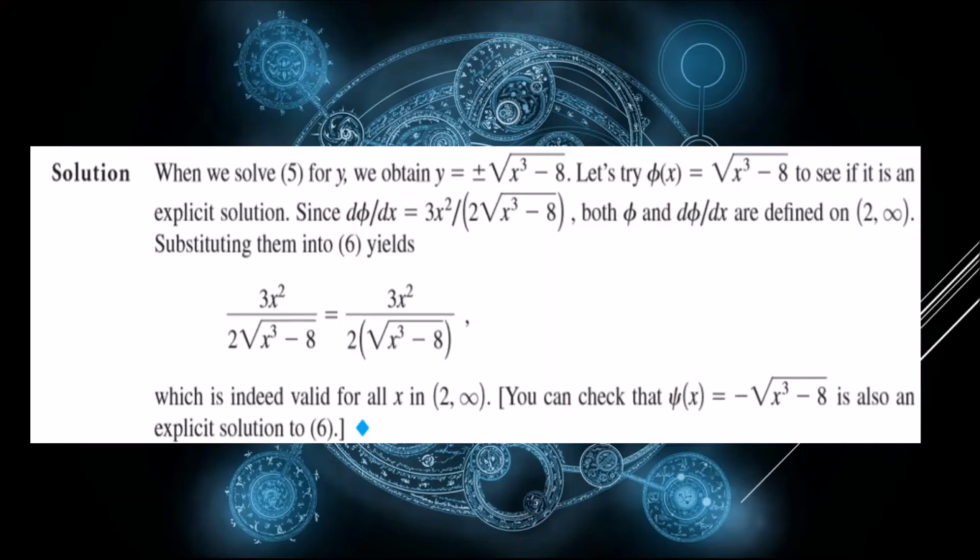Okay, so it is indeed an explicit solution to the differential equation. Also, you can check that psi of x equal to negative square root of x cubed minus 8 is also an explicit solution. Kasi yung pinakita nating solution is we only use the principal root, which is the positive root.